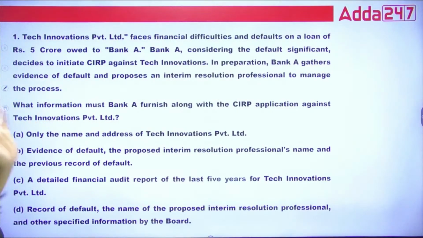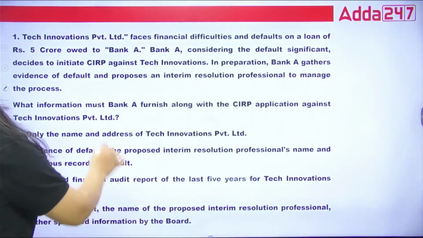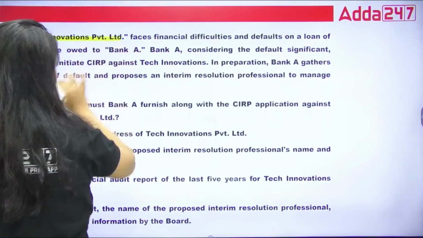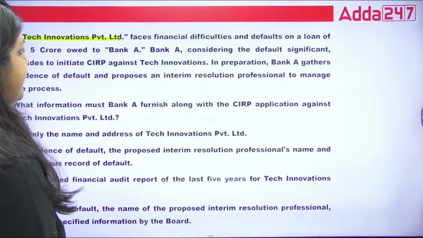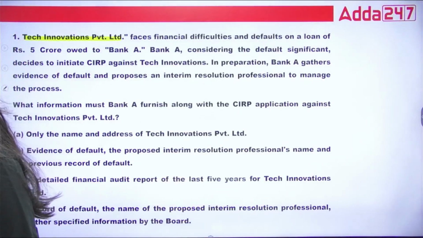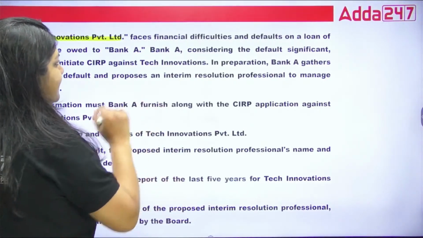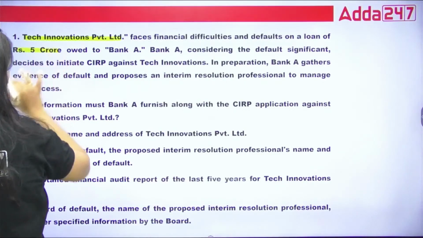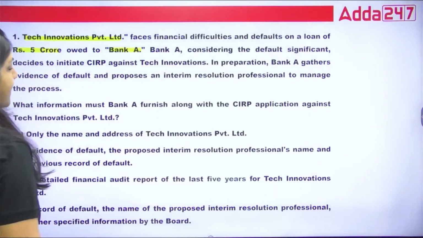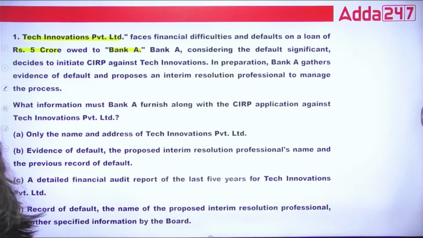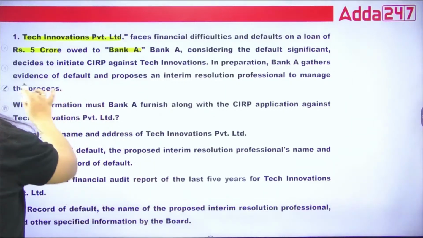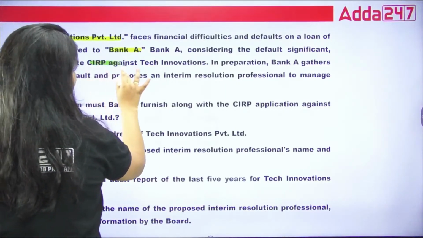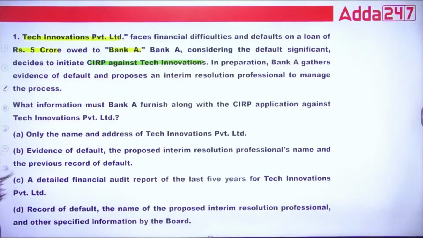Tech Innovation Private Limited, that is the company name, faces financial difficulties and defaults on a loan of 5 crore owed to Bank A. Bank A, considering the default significant, decides to initiate the CIRP, that is the Corporate Insolvency Resolution Process, against Tech Innovation.